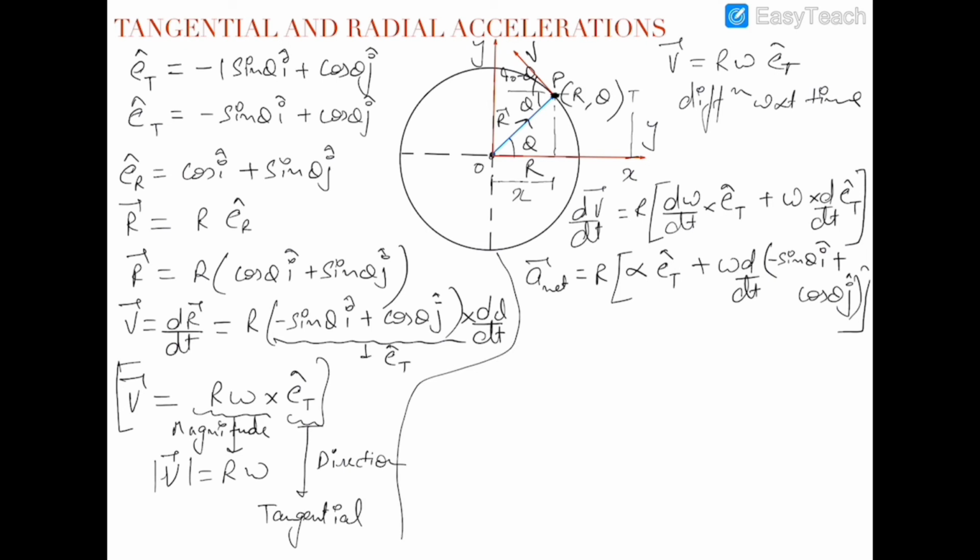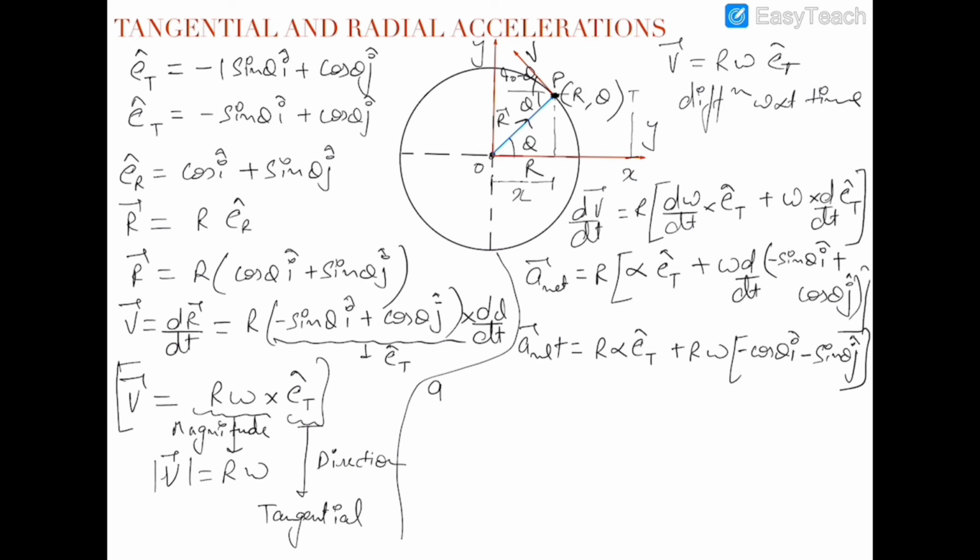So a net is equal to r alpha e tangential plus r omega. Now the differentiation of minus sin theta will be minus cos theta, so it would be minus cos theta i cap, and differentiation of cos theta would be minus sin theta j cap.